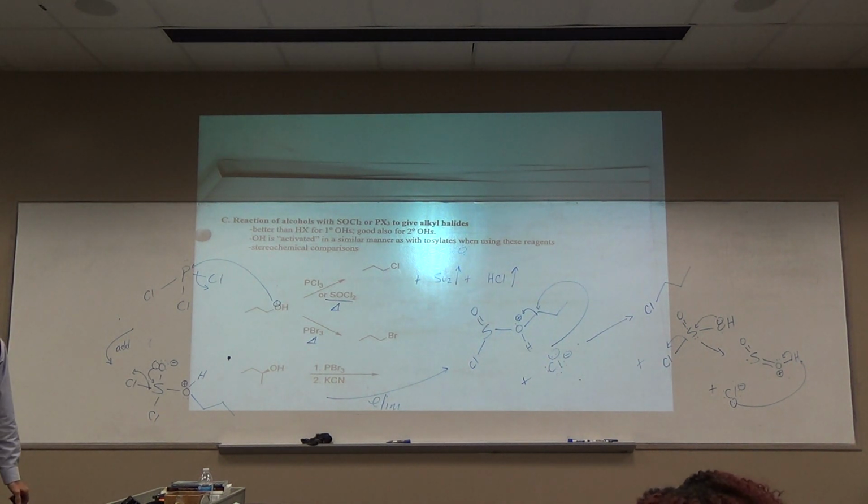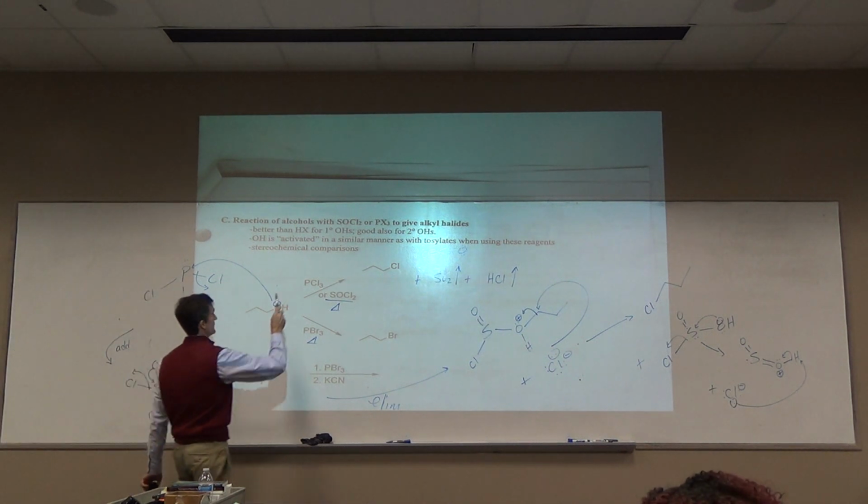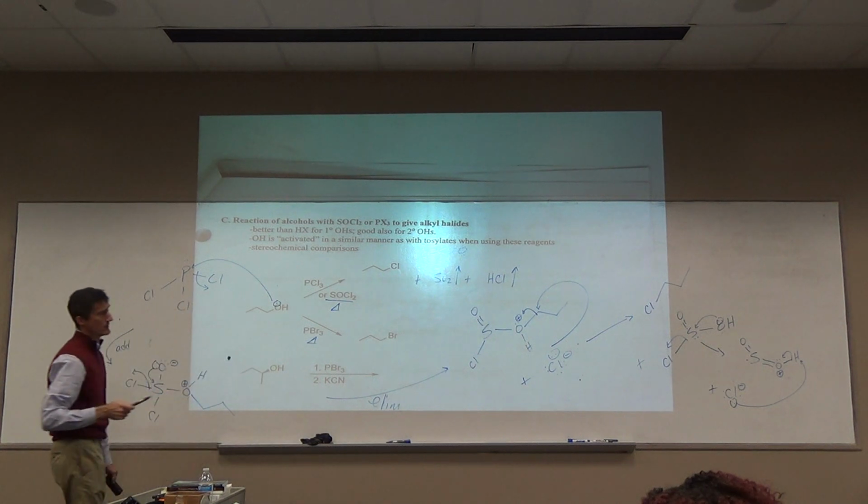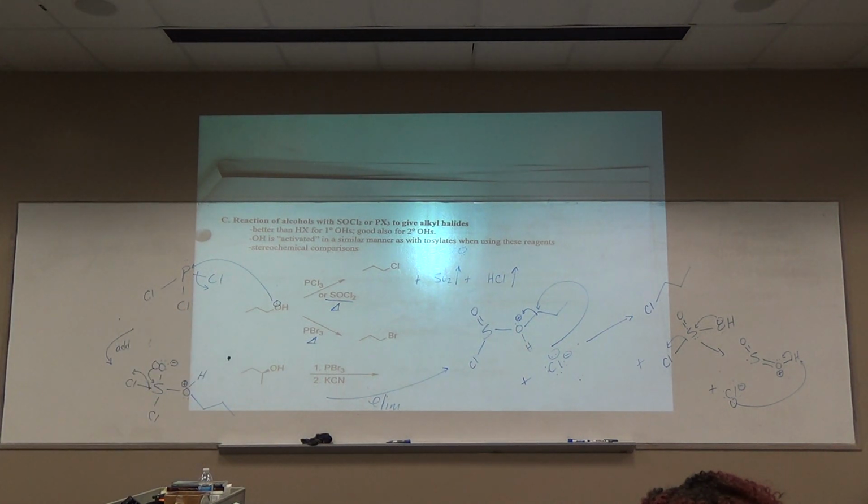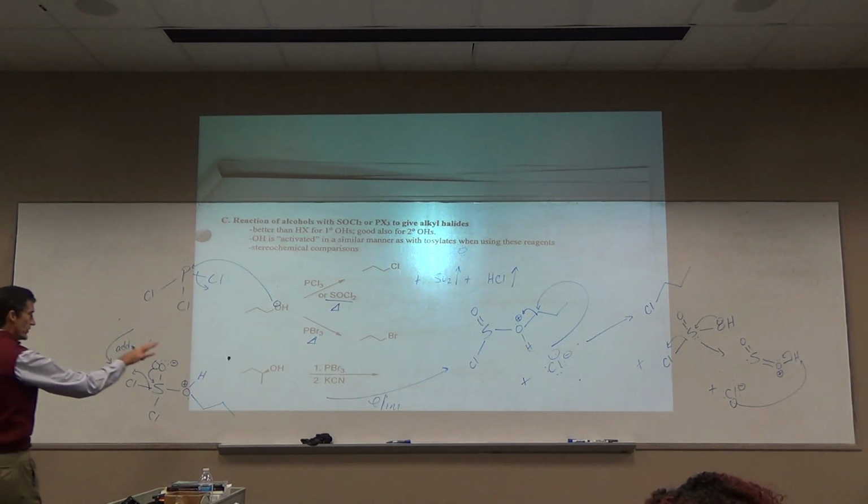But these reagents tend to work better than HX, particularly for primary alcohols, and thus secondary, because HX doesn't do SN2 mechanisms quite that well. If your mechanism is SN1, HX works fine. These are alternatives to HX, particularly when you're doing an SN2 with a primary or secondary alcohol.